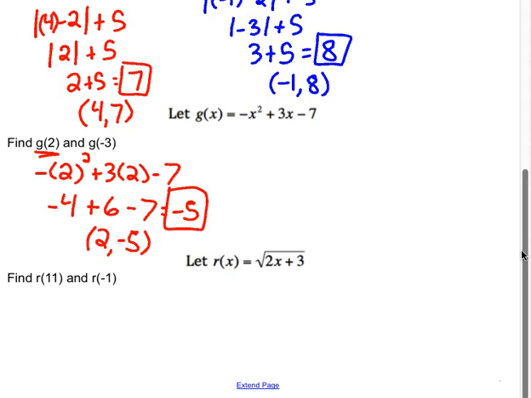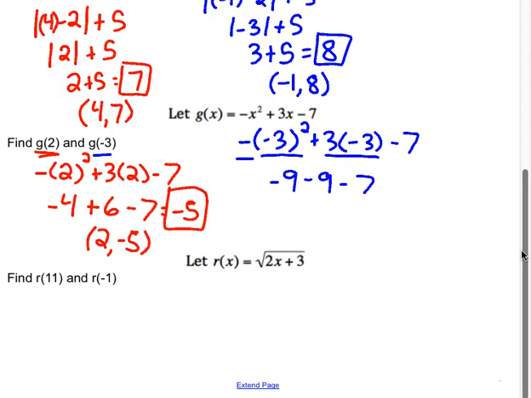Then g of negative 3. So I'm going to plug in -3 everywhere. Remember, only put the parentheses around exactly what you are plugging in. And now we're going to do exponents first. So in that first thing, -3 squared is a positive 9, but that negative turns it back negative again. 3 times -3, then a -7.